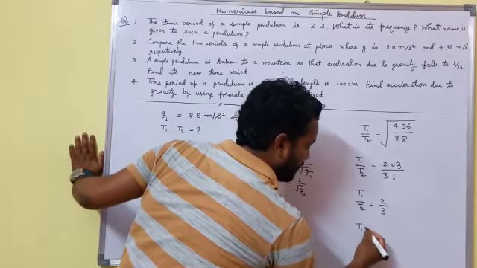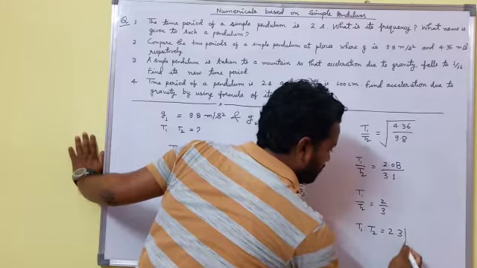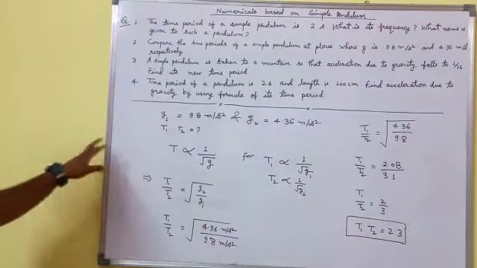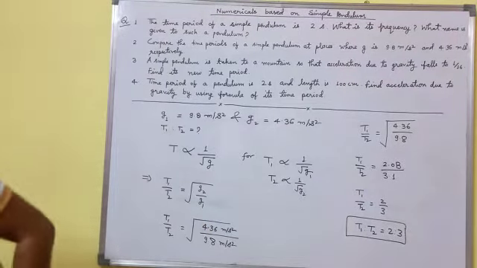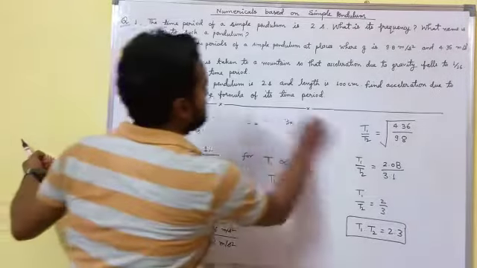It means T1 ratio T2 equals 2 ratio 3, meaning 2 is to 3 will be the ratio of time periods. Okay, now third question.